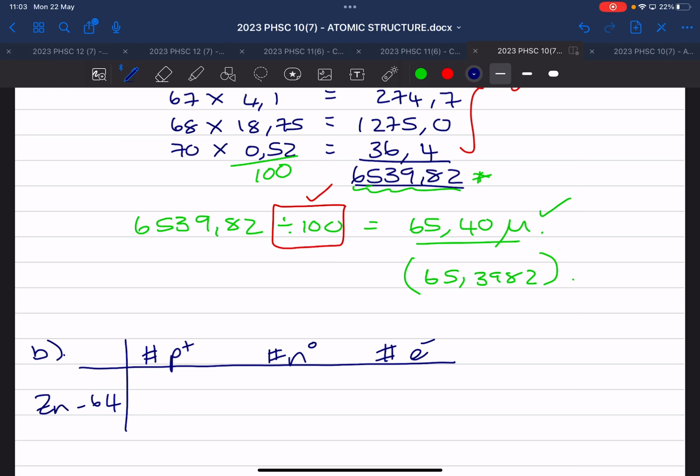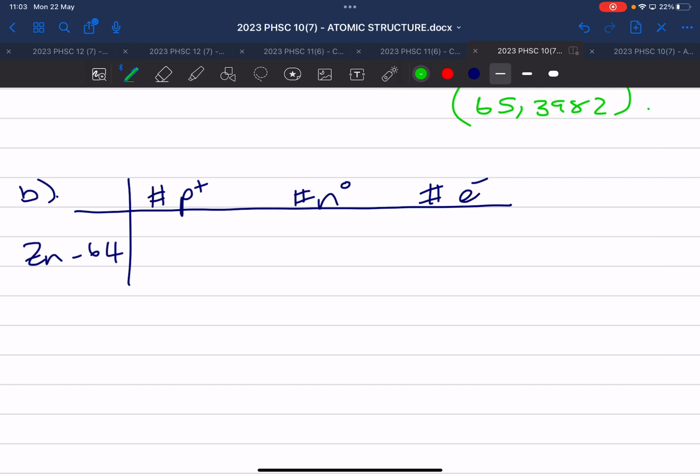64. Okay, then Carabello, how many protons does it have? Not 64. I'm just commenting on everyone that is saying 64. It's not 64. 30, because the atomic number is 30. How many neutrons does it have, Sia?